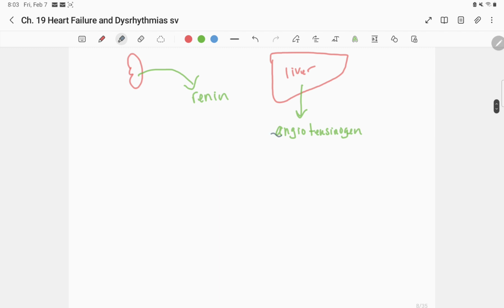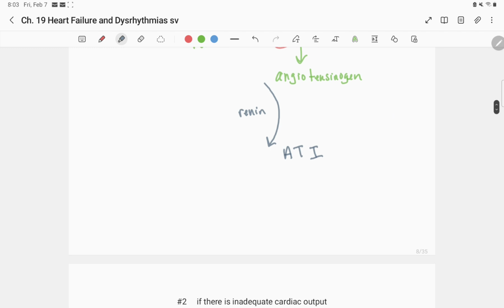Okay, angiotensinogen is converted into angiotensin 1 because of renin. Okay, angiotensin 1 is converted into angiotensin 2 because of ACE, angiotensin converting enzyme. And ACE comes from the lungs. Okay, so the lungs make and release the ACE.